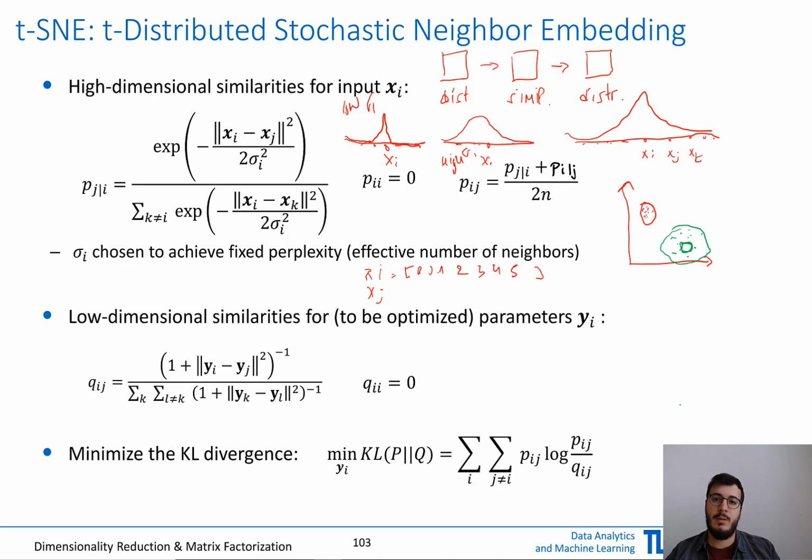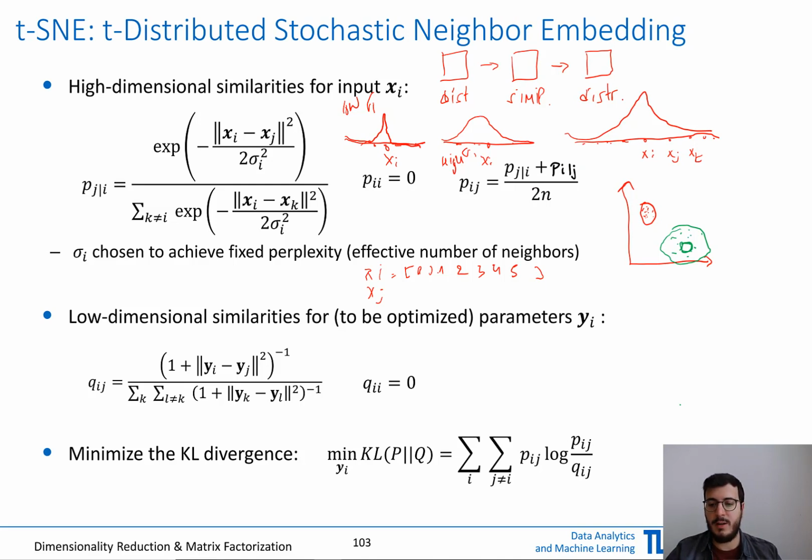And then to take care of this issue, we construct this other probability pij, where we simply take the probability that i thinks j is its neighbor and the probability that j thinks i is its neighbor, and we divide by 2.